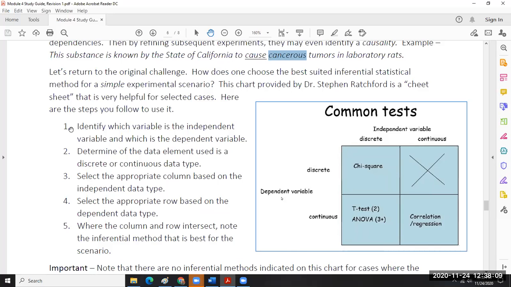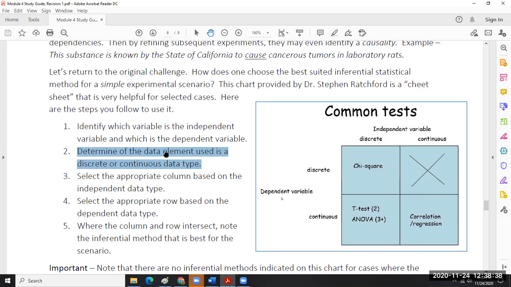Okay. So here it tells you by the numbers. First thing you do is identify which variable is independent and which one is dependent. Then determine of the data element used, is it discrete or continuous? I may tweak that and this will become revision 1A because I'm not real jazzed about that sentence.